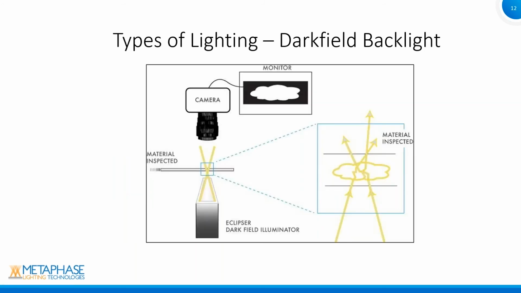Another type is definitely very popular when you need to inspect optically clear objects, such as acrylics or glass. There's configurations of lights that use dark field backlighting, which essentially shoots the light at a very low angle but a very narrow beam, and that really allows you to see subsurface defects that you really couldn't see from front lighting, but you're taking advantage of the technique of using dark field.